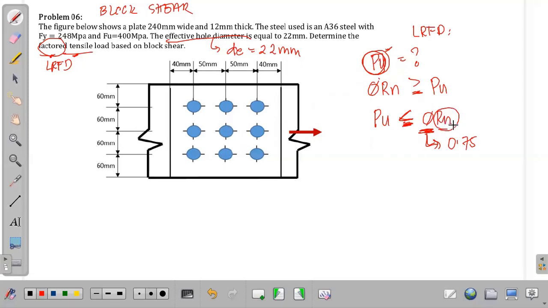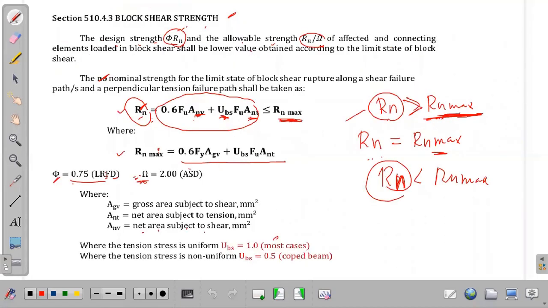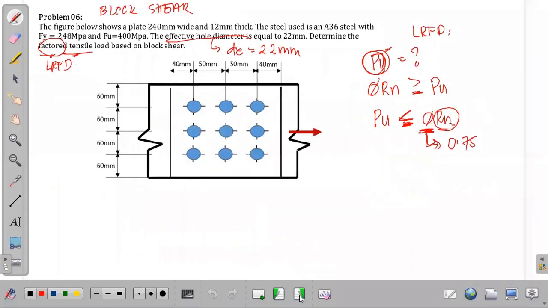So how to solve for the value of Rn? Diba kanina, given yung equation, this is our equation for the Rn. But before solving for the value of Rn, you need to draw your block shear path or the path wherein your block shear failure occur.